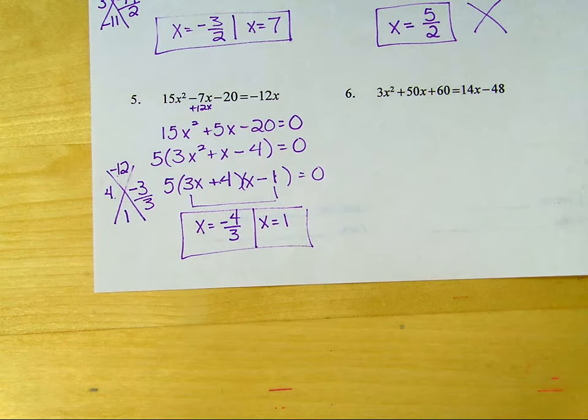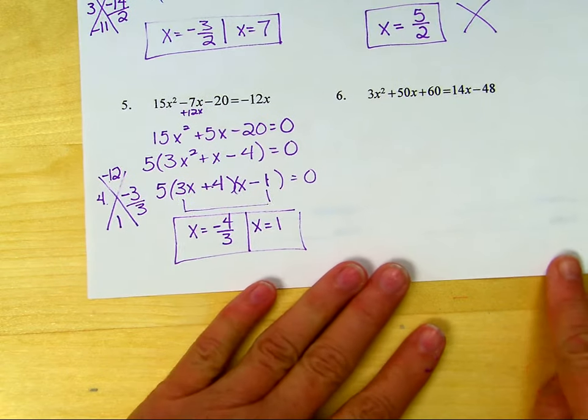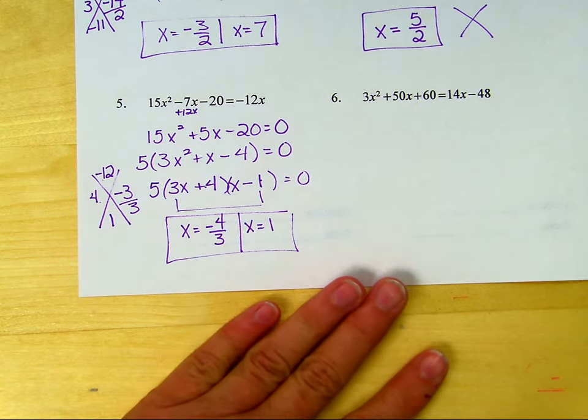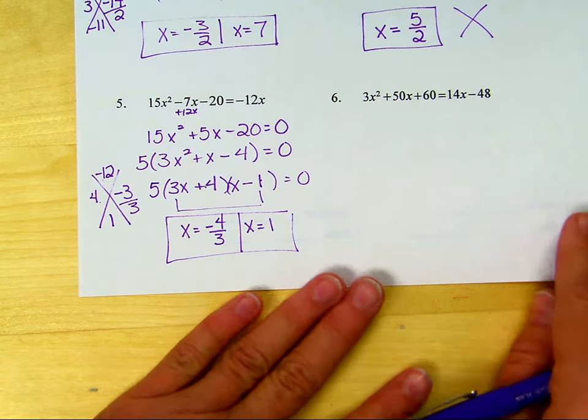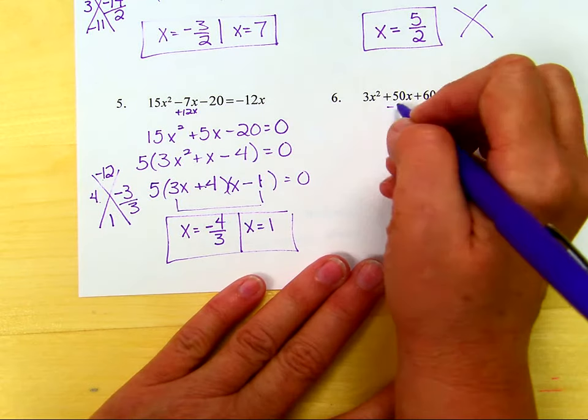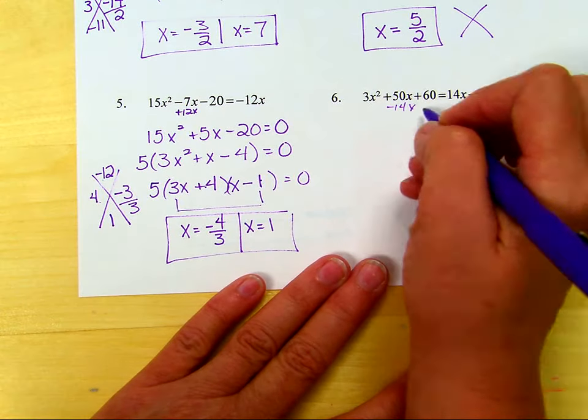Yeah, so we've spent 3 days building up to this day. So if some of it looks like you're not sure what's going on, don't stress. We will get there. All right, so look at number 6. Again, I'm going to move everything over. So I'm going to subtract 14x. I'm going to add 48.